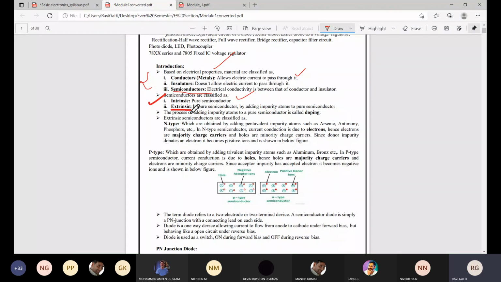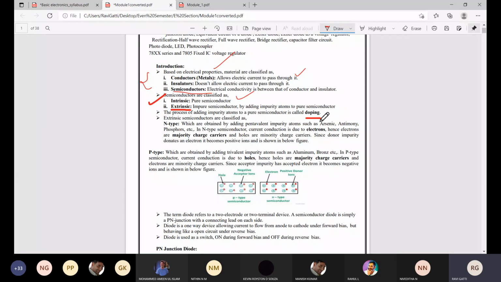The process of adding impurities we call doping, and the added elements are doping elements. These extrinsic semiconductors are widely used in electronic circuit implementation because of their wider applicability.